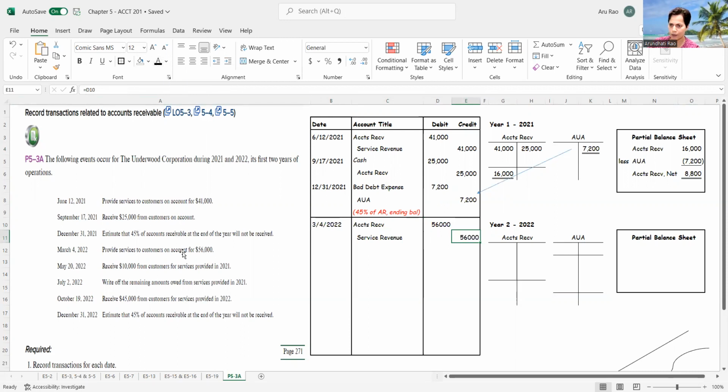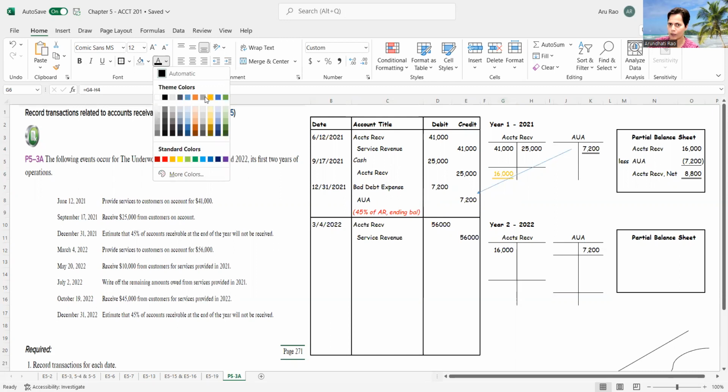That's a number I got from the information provided over here. Now, before I proceed, whatever is the ending balance over here, it's going to come down to the next year. This account continues. Same thing, the 16,000 will come down over here. So let me just highlight these numbers in a different color so that you know where they're going.